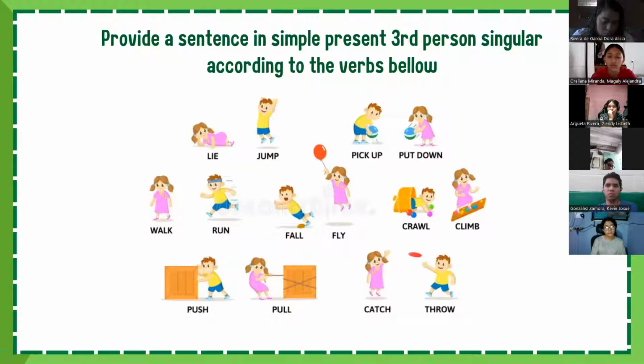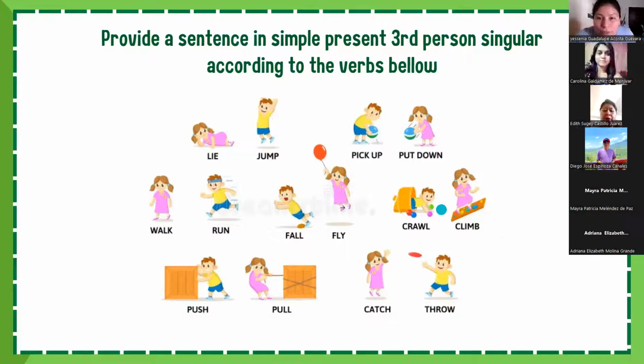Okay, very good. Magali? He walks every day. Okay, very good. Glendy? She catches the frisbee. Okay. Kevin? The boy pushes a heavy box part of the street. Okay, very good. Nidalee?